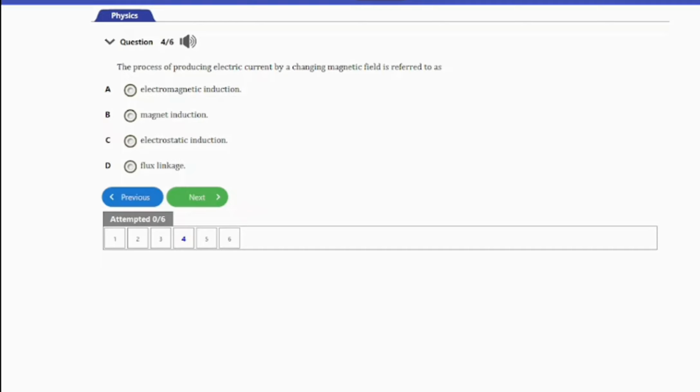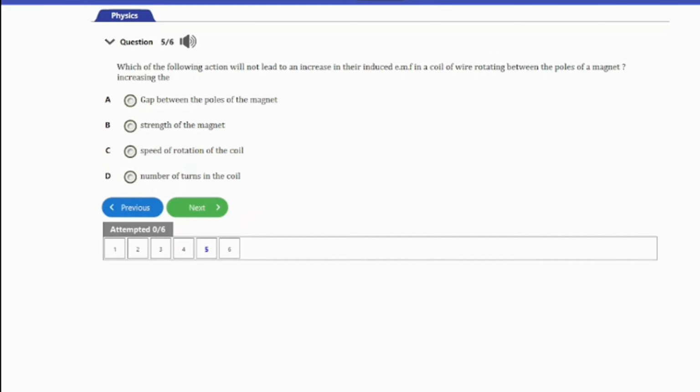Let's go ahead and consider the next question, guys. So that's question number 5 here. It says, which of the following actions will not lead to an increase in the induced EMF in a coil of wire rotating between the poles of a magnet, increasing the A, gap between the poles of the magnet, B, strength of the magnet, C, speed of rotation of the coil, D, number of turns in the coil.